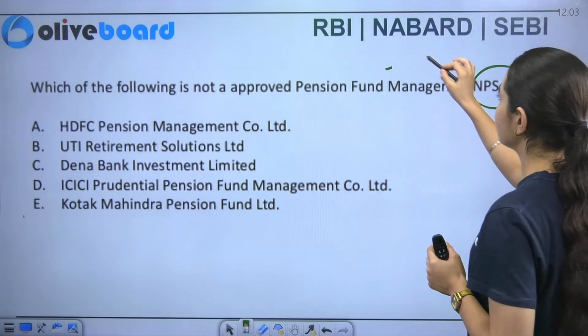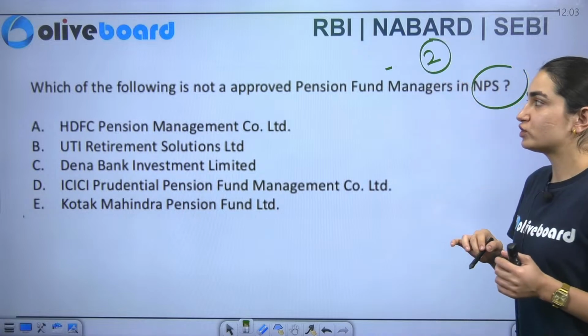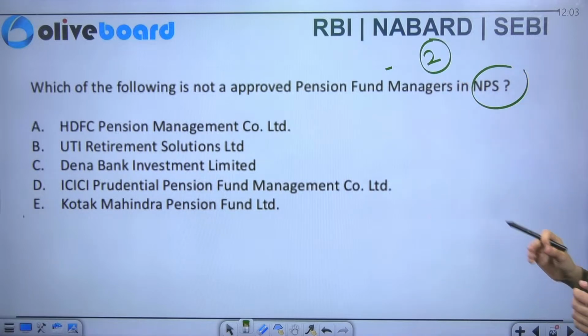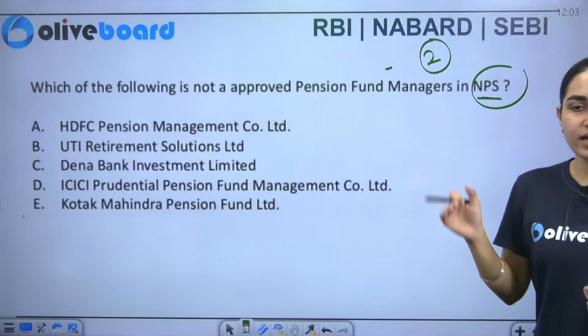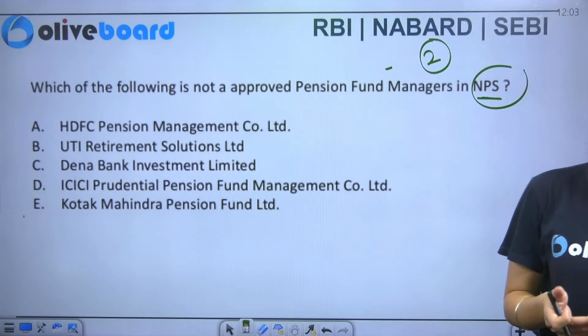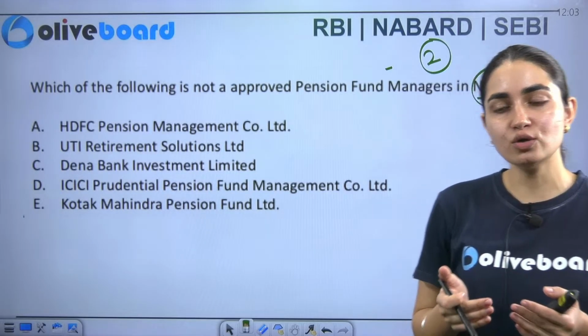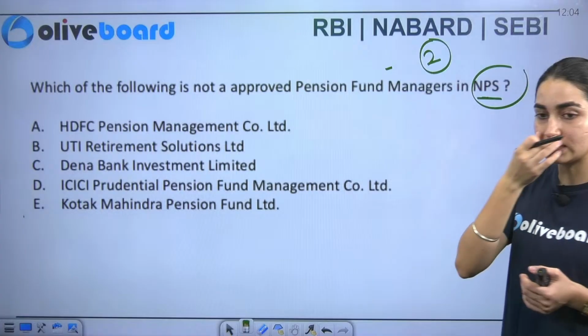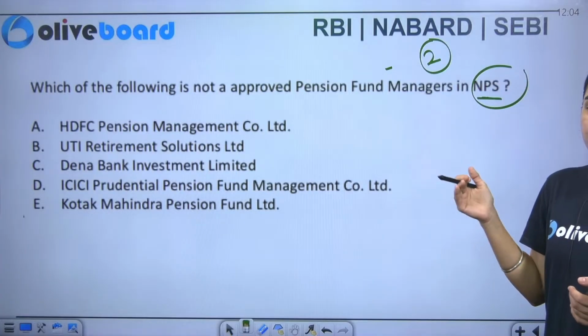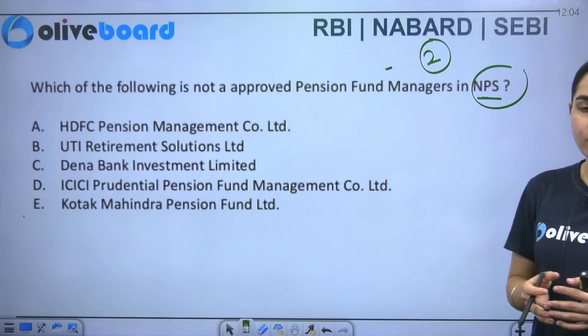Now you give me the answer to the second question. Which is not an approved pension fund manager in NPS? In the coming slide, I'll tell you the full-fledged information about it. I'll be giving you a list also, which is going to help you. Anyone here who wants to respond? Which one is the odd one here?